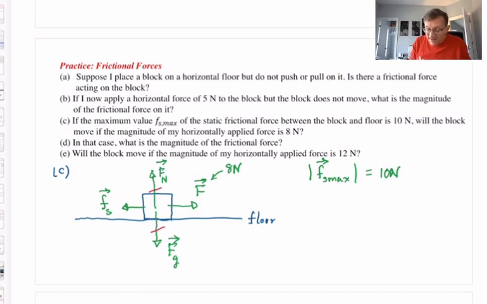So the question is, can F static balance that applied force of 8 newtons? Sure, that's why I needed to know what the f s max magnitude was, because I can't get an f s bigger than f s max. But all I need in this case is an f s magnitude of 8 newtons to keep the block from moving. That's less than the maximum for f s, f s max is 10 newtons, no problem. The surfaces can provide me the F static of 8 newtons that I need to keep the block from slipping.